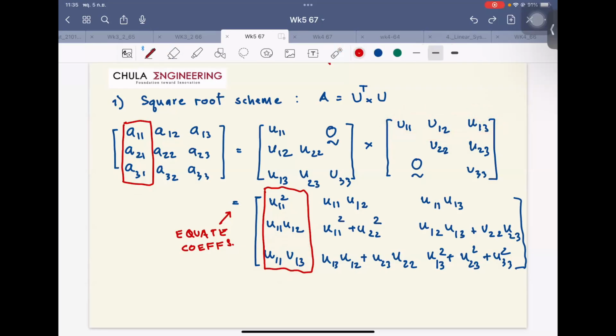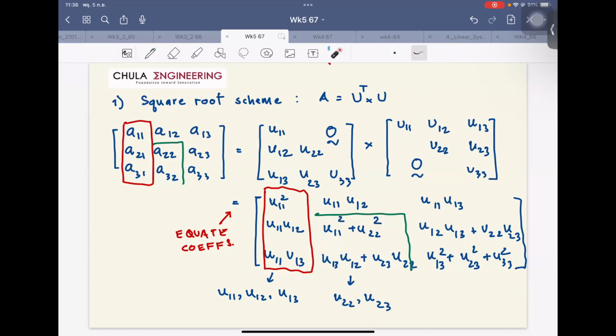And then we proceed to the second column. Again, we match the coefficient. Now A22, which is known, equals U11 square plus U22 square. But we know U11, so we get U22 square. Then for the first row of U, U11, U12, and U13, and here you get U22 and then U23 by matching the coefficient.